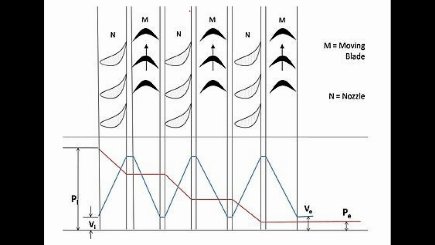But the velocity in every stage initially increases, and then after entering the moving blade it starts to drop. When the velocity drops, the pressure is maintained at a constant level.